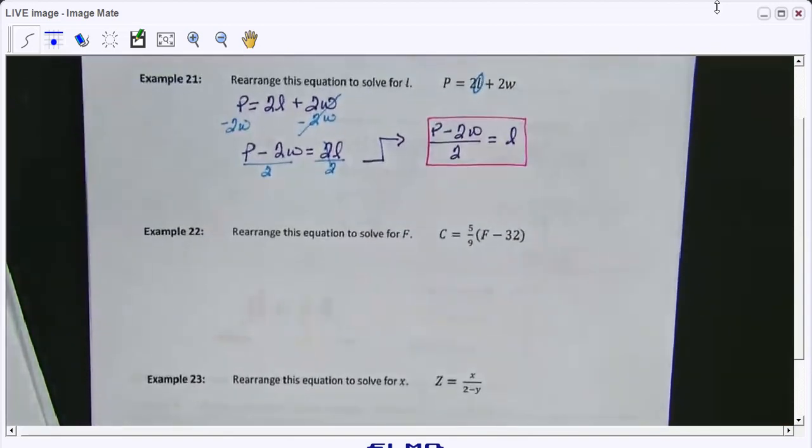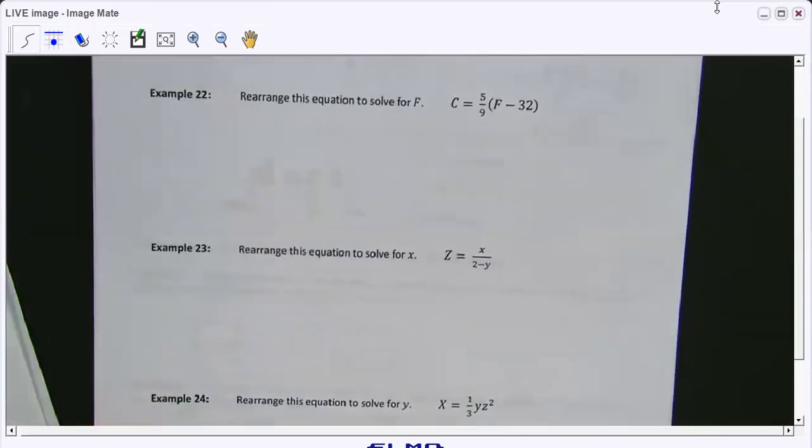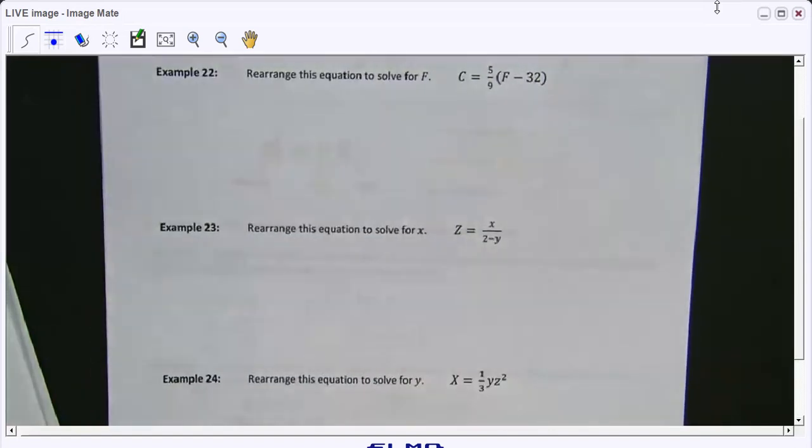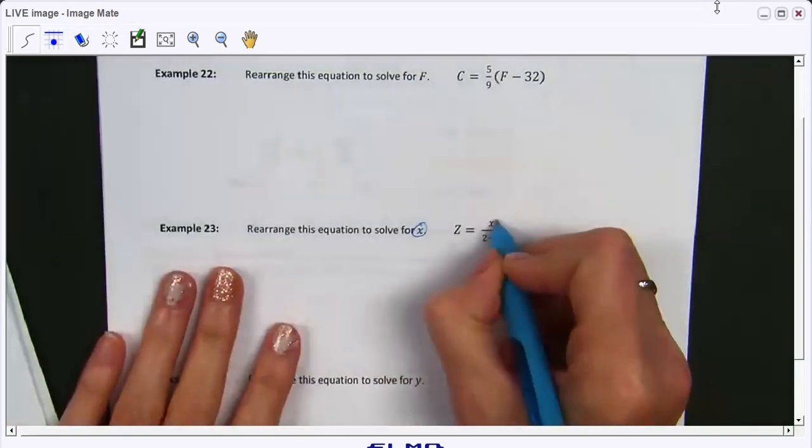Let's go to 23. I want to show you this one. This one's similar to a homework problem. It's asking us to isolate X here.